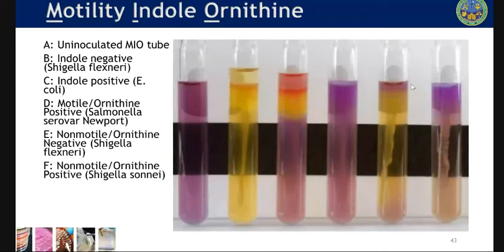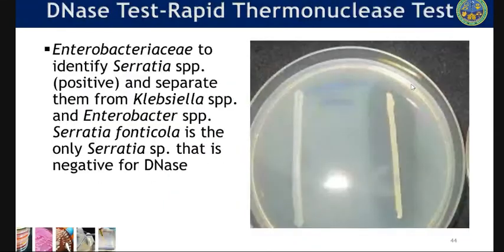And then non-motile and ornithine positive, a purple color change, for Shigella sonnei. So this would be making use of your motility indole ornithine agar.